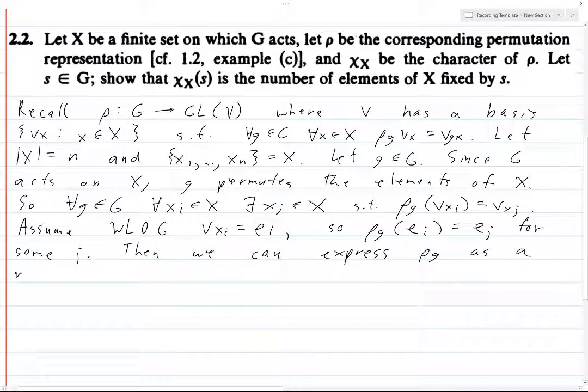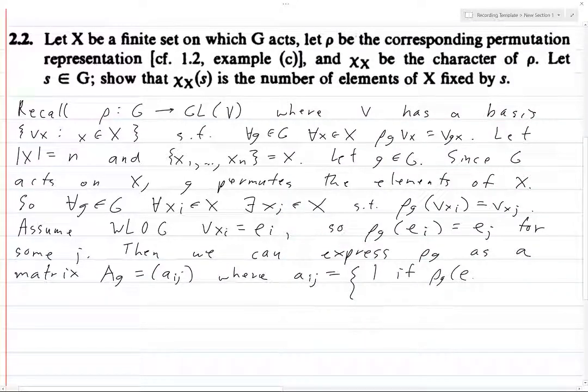as a matrix. Let's do it: A_g, which is just a matrix consisting of elements a_ij, where, what do we know about a_ij? We want it to be 1 if rho_g of e_j equals e_i, and 0 otherwise.